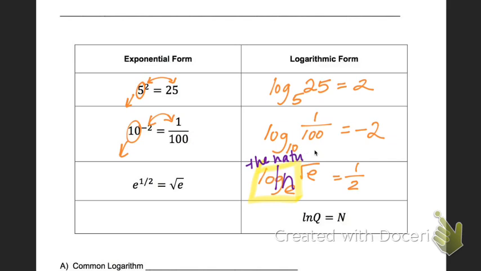Remember us talking about e last class? How it hit every single point. It was like the natural growth. That's what e is. And so when you have a log with a base of e, it's called the natural log. So you don't need to put log in, you just put ln.